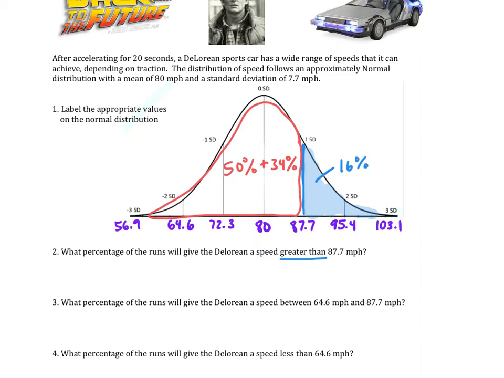So we don't need to use the Statplet app. We can just use the empirical rule here. Okay, so we would say 50% plus 34% is 84%.